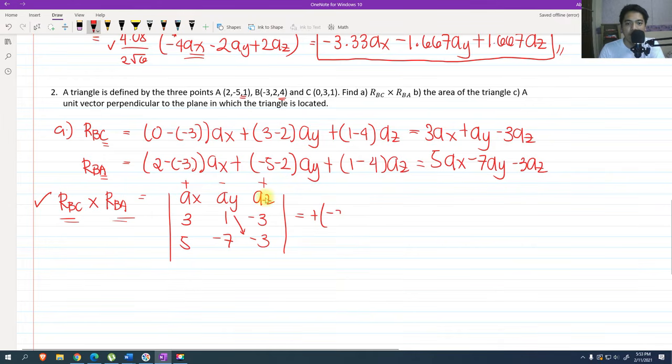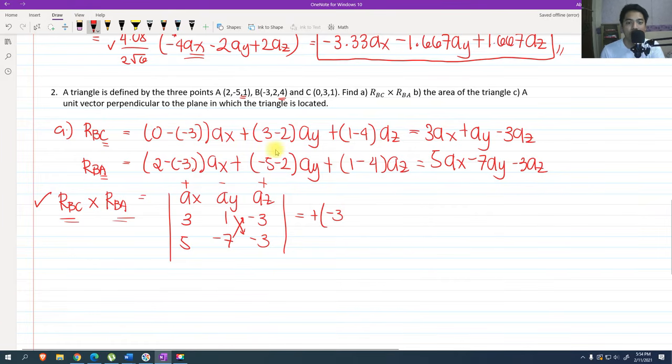So negative 3 here, minus the product of the other diagonal here. Negative 7 times negative 3 would be 21. So this would be minus 21 in terms of the AX. So this should be negative 24.